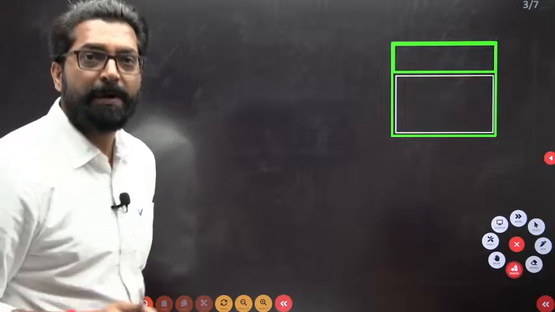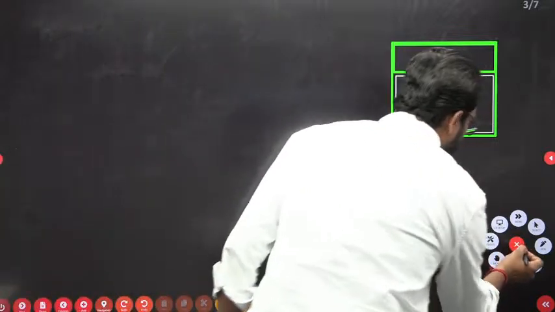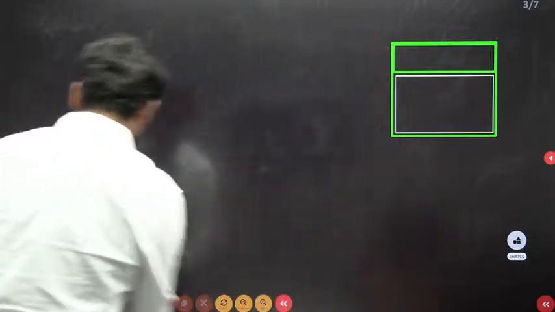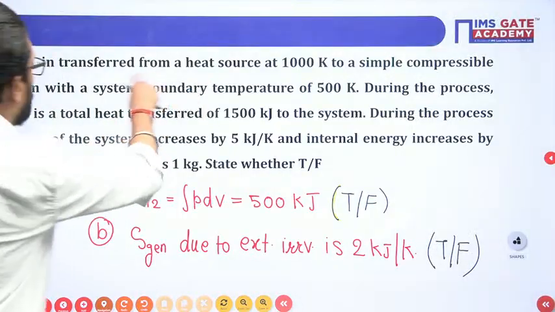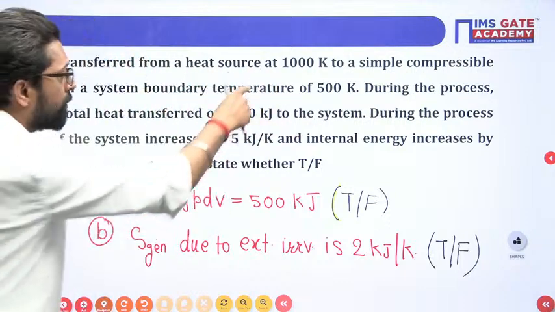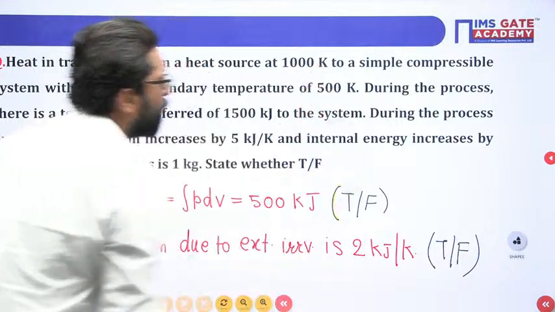This system is a simple compressible system, and we have to transfer heat from the surrounding. In this question it is given that the heat is transferred from a heat source. That means there is a source, and the source temperature is 1000 Kelvin.